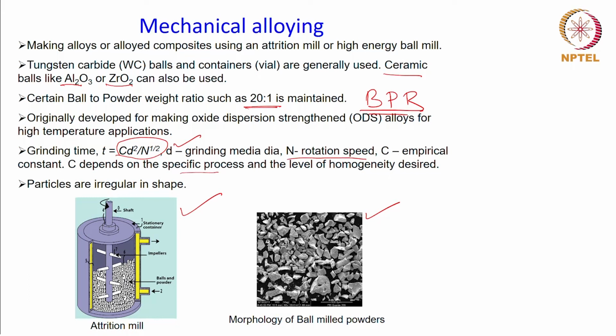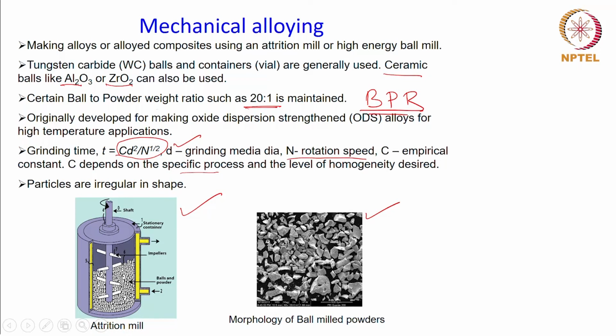So, this is the process of attritioning, done in an attrition mill, which has a container in which you have these mechanical impellers. You load the balls and the powders in a particular weight ratio, and then you start rotating the shaft, which rotates these impellers at high speed inside the jar, and with the help of that impact you can break down the material.